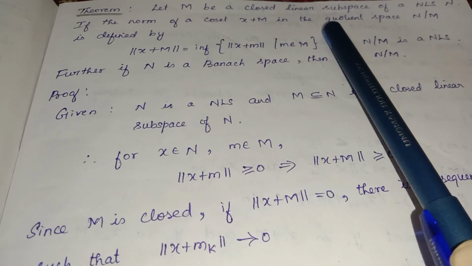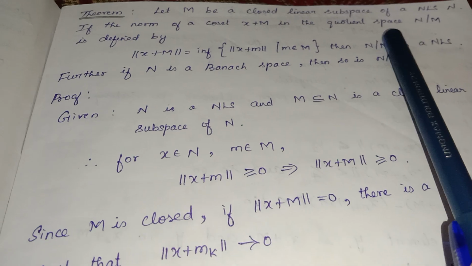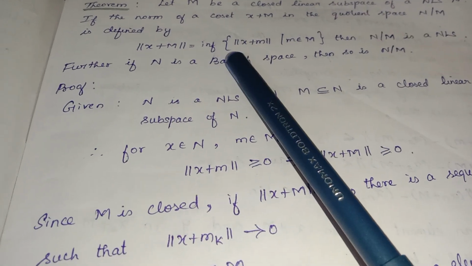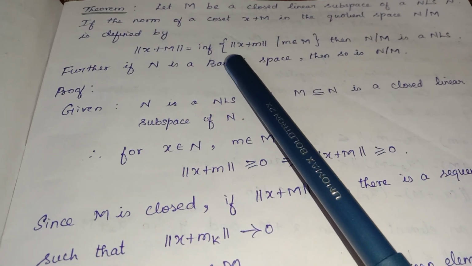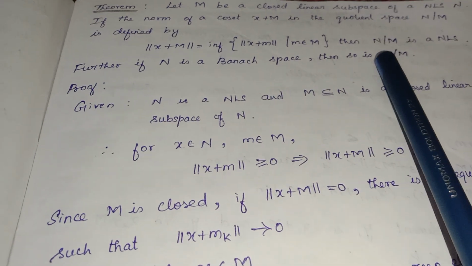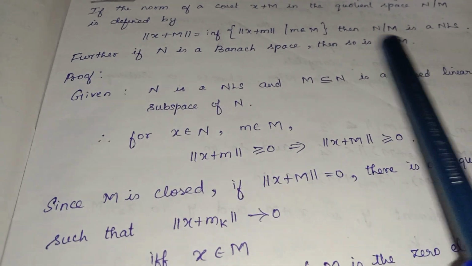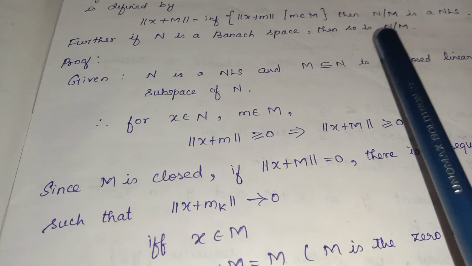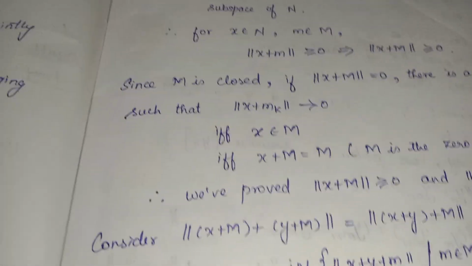So we have defined what a quotient space is and how to define the norm in the quotient space. When N is a Banach space, N by M will also become a Banach space. This is another result.